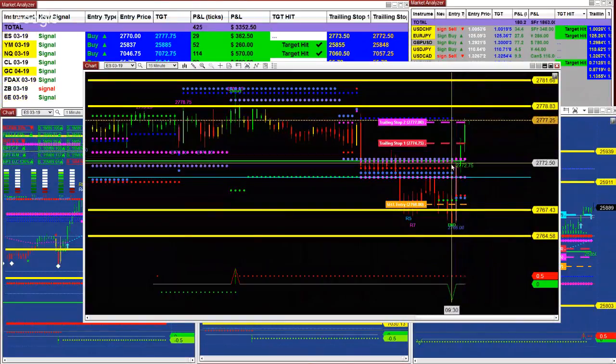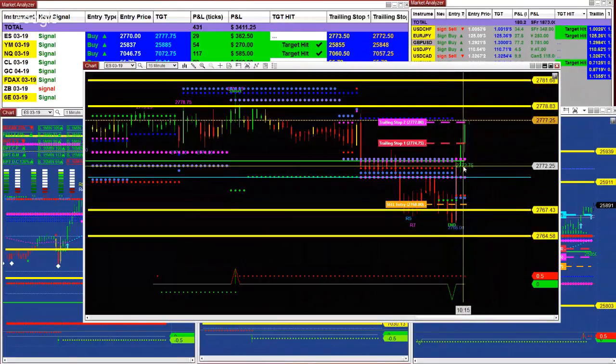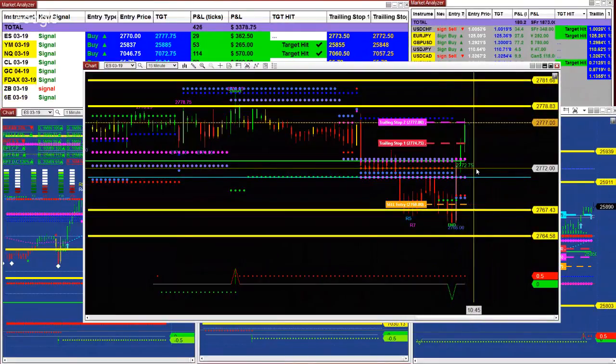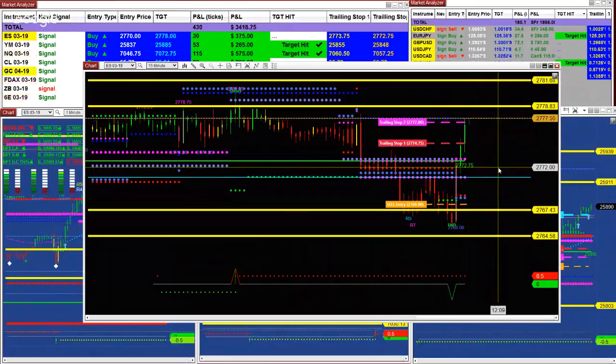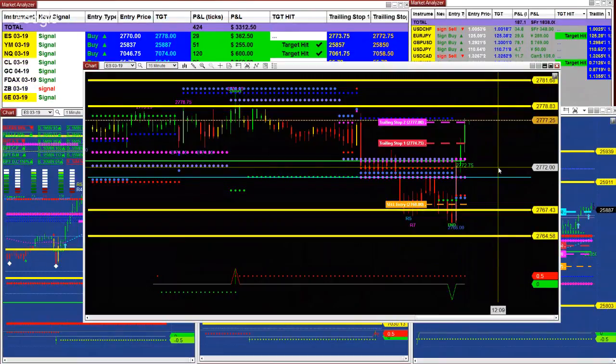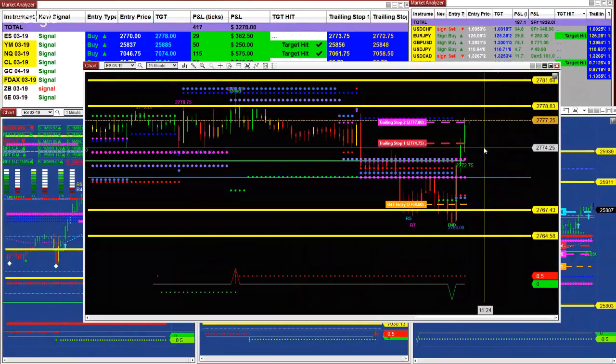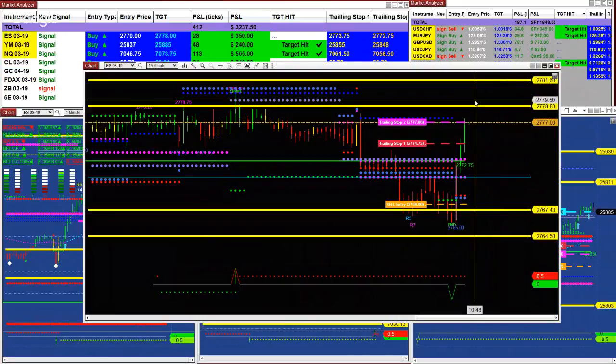We have 1, 2, 3, 4, 5 support lines, plus we have the true average price at 27.72.75. As you see right now, the ES is stopping right there at the resistance level, and now we are coming to the very critical area. It's not tradable, so there is nothing left to the long side.